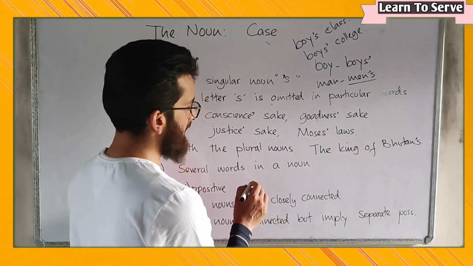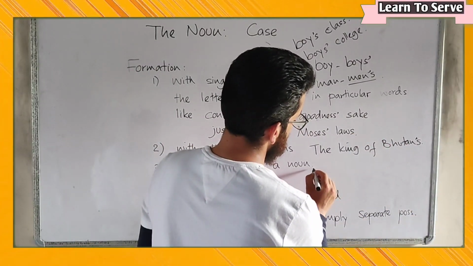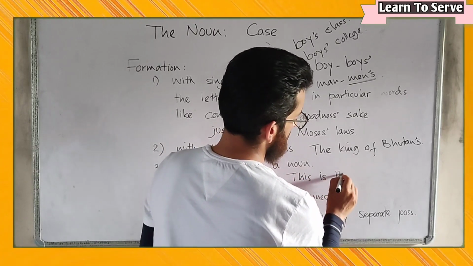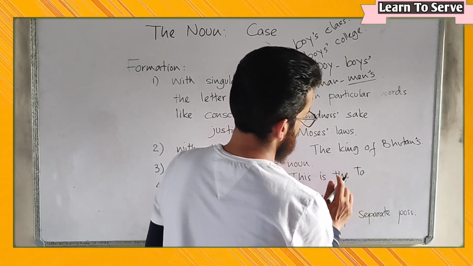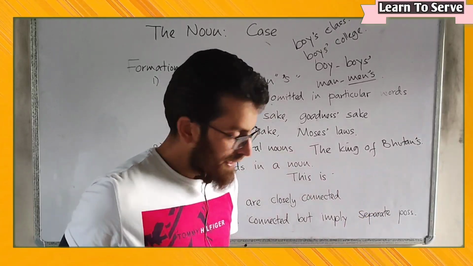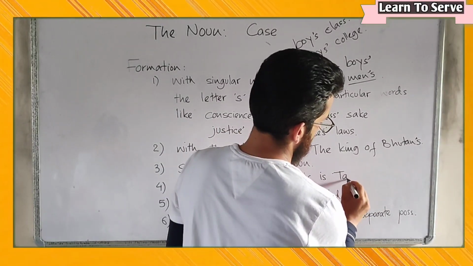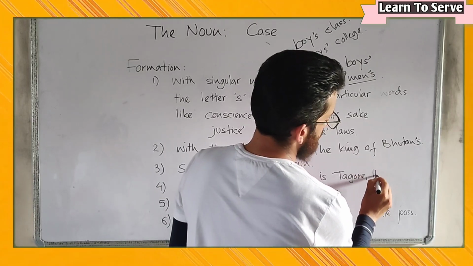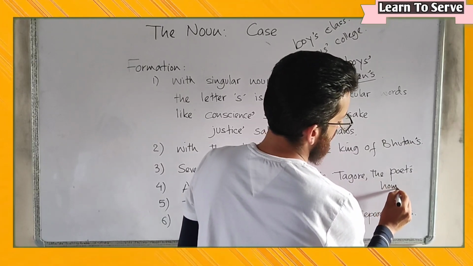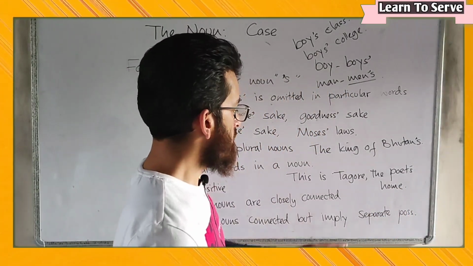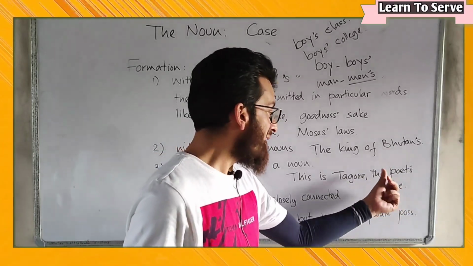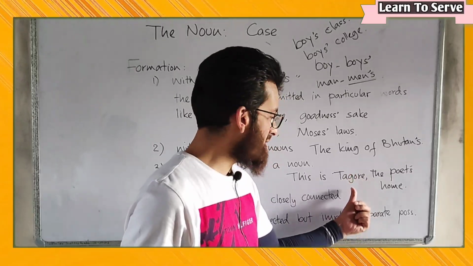For example, I can say this is Tagore, the poet's home. Okay, so here the poet defines, it renames its antecedent Tagore.